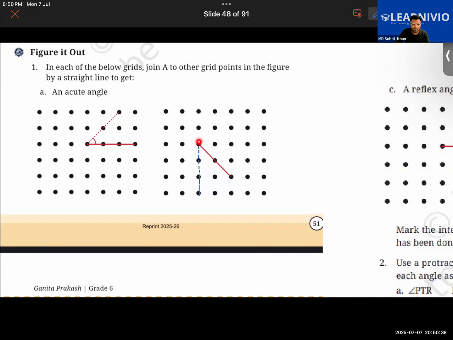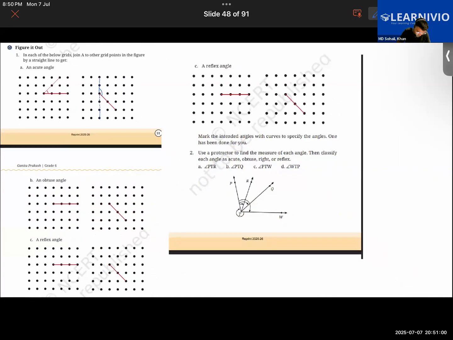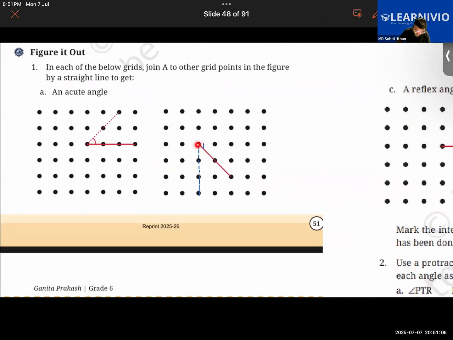Drawing it horizontally above, like this? If you were to do so, that is not an acute angle, that is an obtuse angle, no? Look at how wide it is. Getting it, everyone? Sir, what about the left side? Yeah, on the left side, which one are you saying? This one, like this?